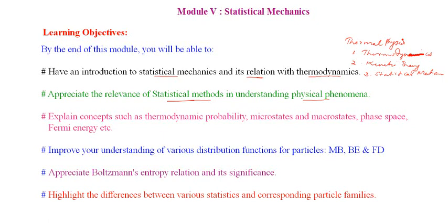Also, you will be able to explain some basic concepts such as thermodynamic probability, a word which has to be used with caution. Thermodynamic probability was represented in the famous Boltzmann equation as W, or it's also denoted by the letter omega.